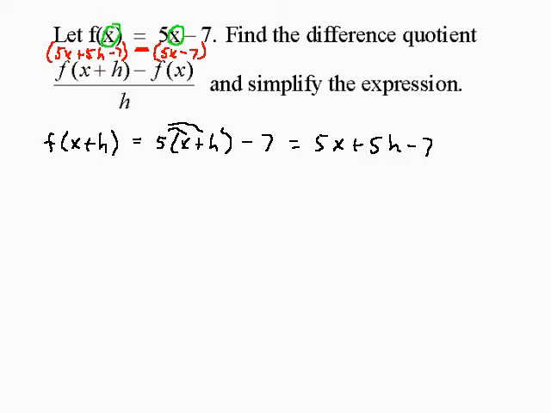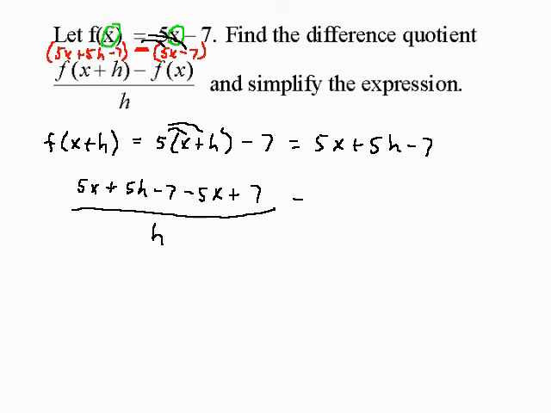So here's what we're going to end up with for the final part of this first example. We're going to have in the numerator 5x plus 5h minus 7. Be careful up top here. We have to distribute that minus through there. Oh, that minus sign always hurts. And that'll change all the signs in the minus f of x there. So it becomes minus 5x plus 7 all over h.